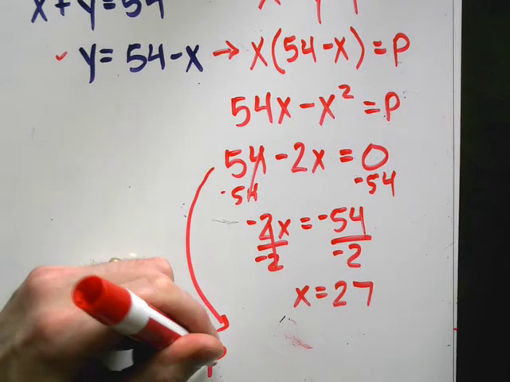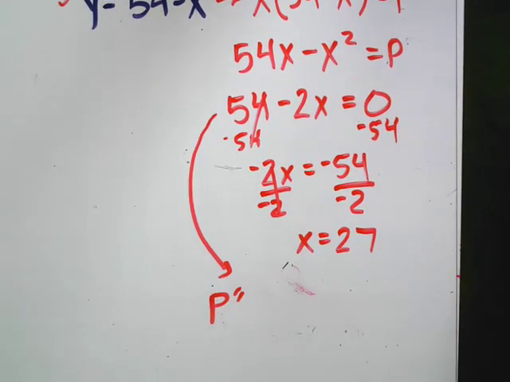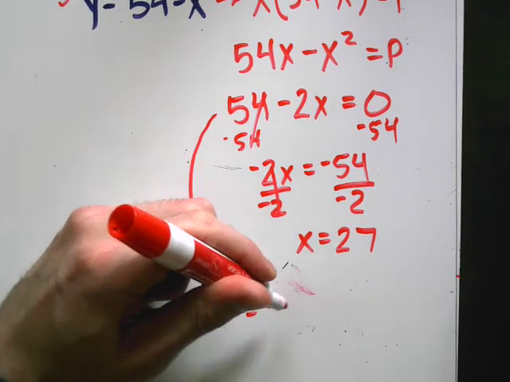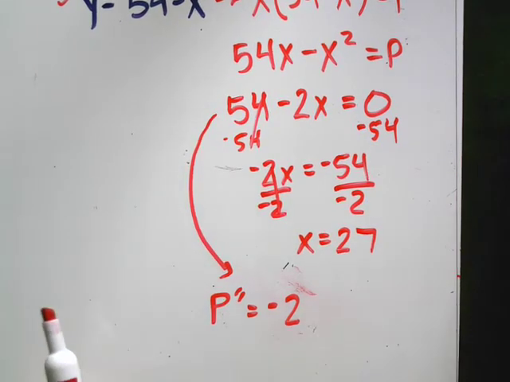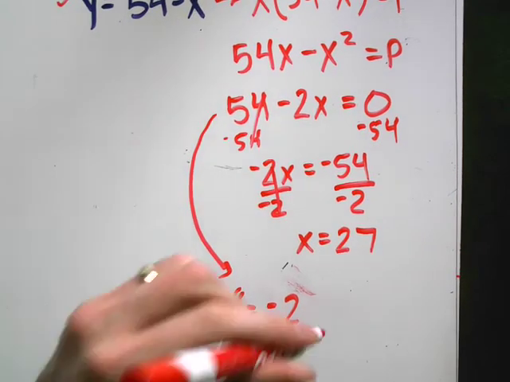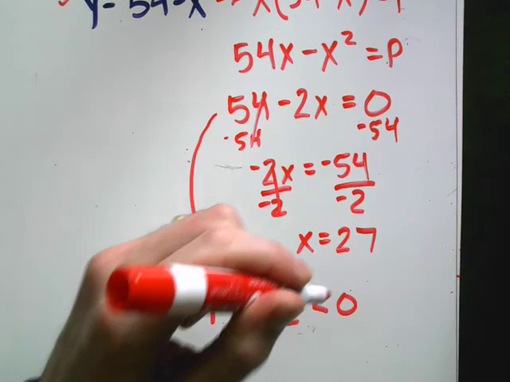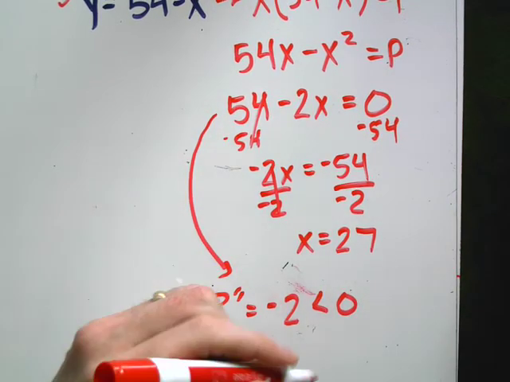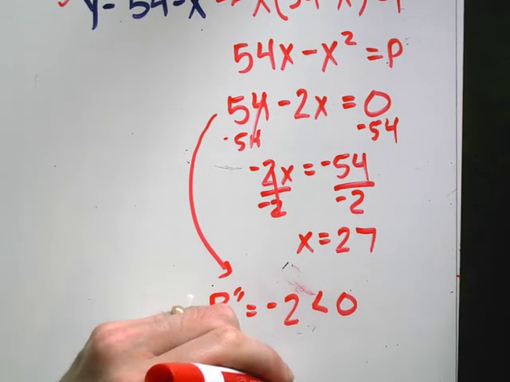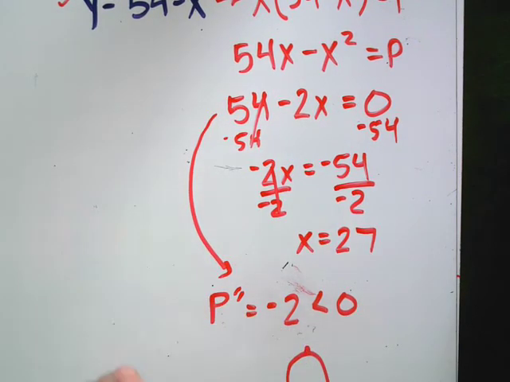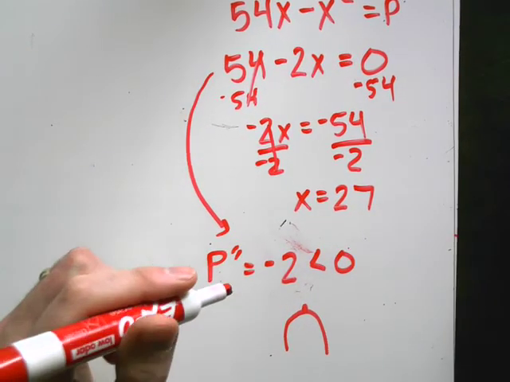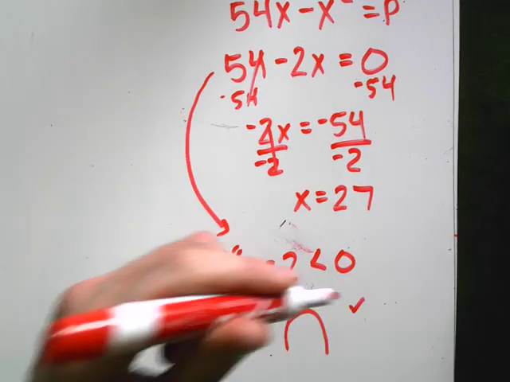So my second derivative is going to be negative 2. Okay? And negative 2 is just a number, but it's a negative number. Okay? And that negative number is less than 0. Okay? So if it's less than 0, that means we are concave down. Okay? Which is good because we want the product to be a maximum. It means we need it to be at the top of this hill. Okay? So that check works.